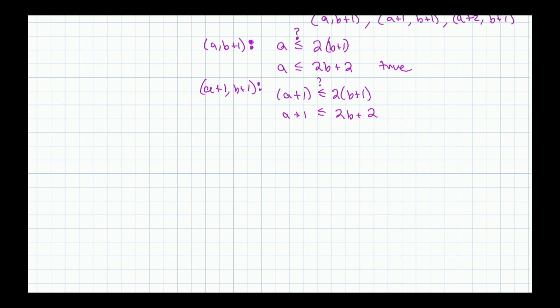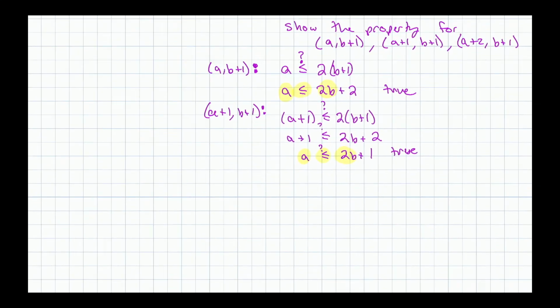Let's just subtract 1 from each side, and I'll get A less than or equal to 2B+1. Is that true? Again, that's going to be true, because we know that A is less than or equal to 2B already. So the plus 1 makes the right side bigger, and that's the same logic that I used up here. So that's also true.